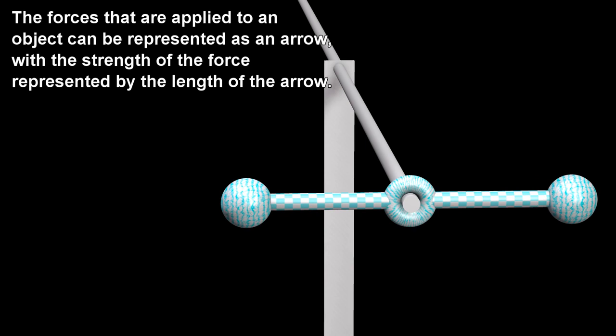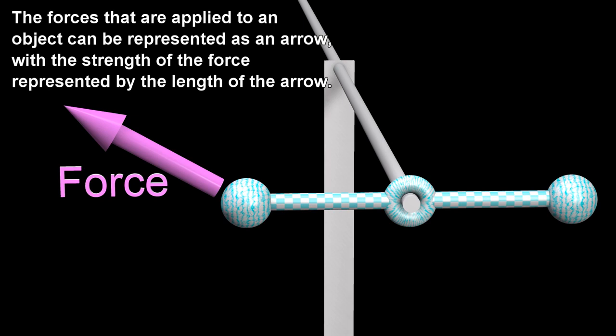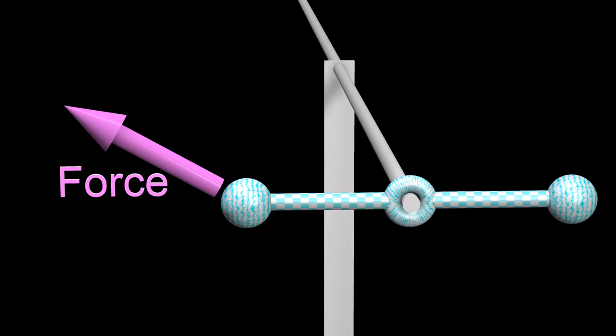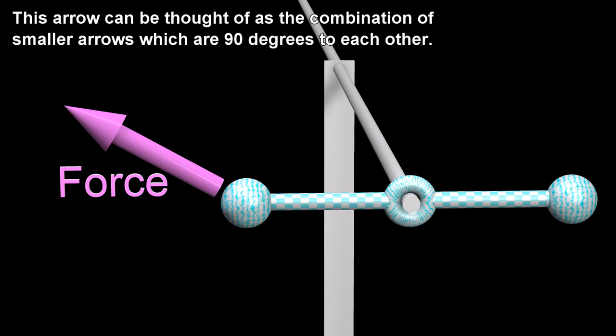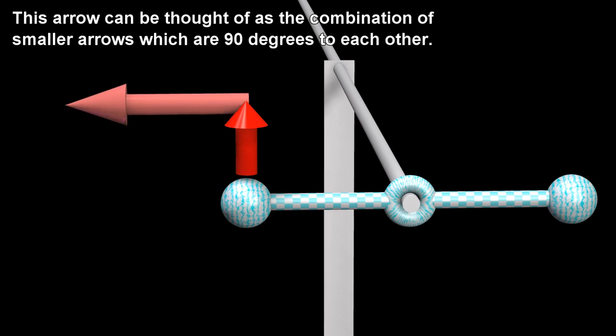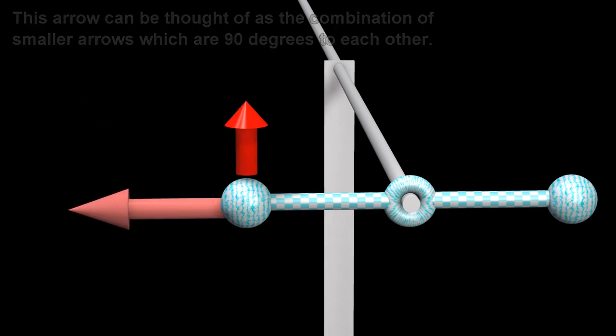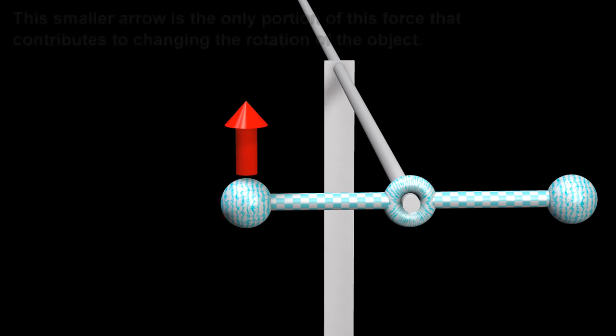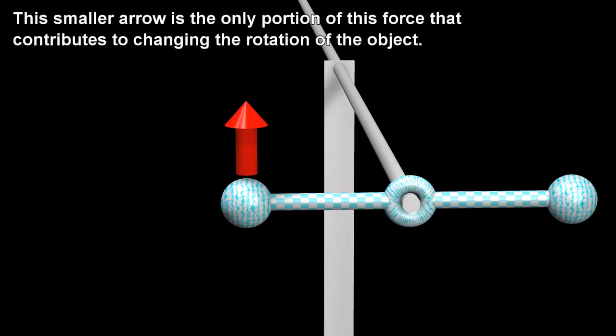The forces that are applied to an object can be represented as an arrow, with the strength of the force represented by the length of the arrow. This arrow can be thought of as the combination of smaller arrows which are 90 degrees to each other. This smaller arrow is the only portion of this force that contributes to changing the rotation of the object.